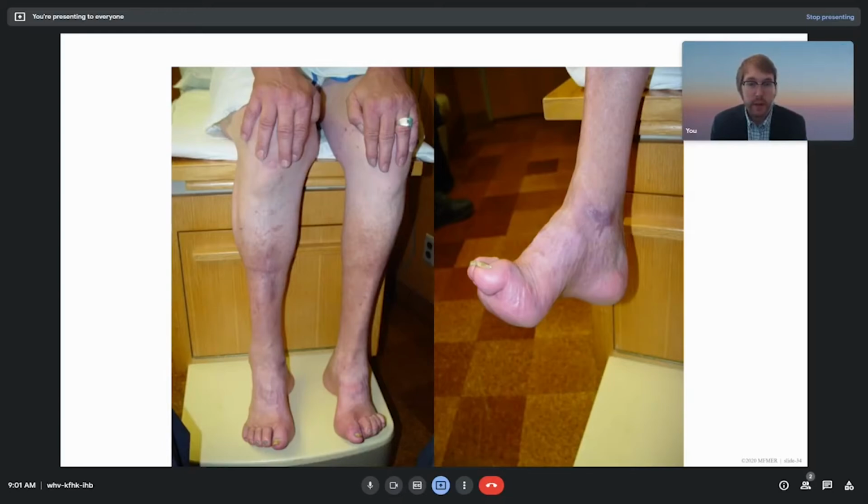You can see here that the arch is very high. He has hammer toes, which means his toes come up and then come down. And he has very skinny ankles that almost look like an inverted champagne bottle. Now, sometimes the changes are a bit more subtle than are pictured here, but this is an example to show you.